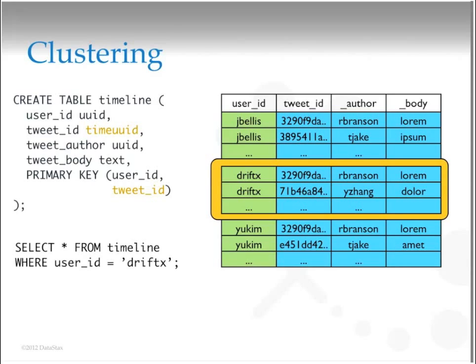So, CQL is a query language that's kind of transport agnostic. You can perform CQL queries over Thrift. There's an execute CQL3 query method in Thrift that most of the existing clients use to access CQL.